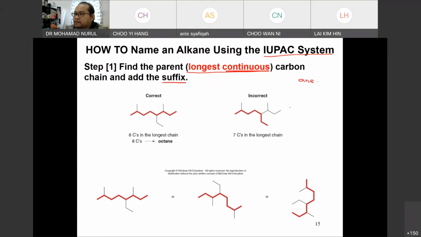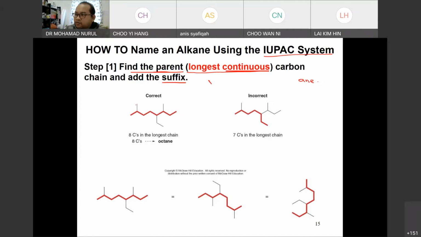So we have to name the parent. You remember we have prefix, parent, and suffix. So first, find the longest chain. In this one, we have 1, 2, 3, 4, 5, 6, 7, 8. 8 carbons is the longest chain. If we count from here, 1, 2, 3, 4, 5, 6, 7, it's 7.